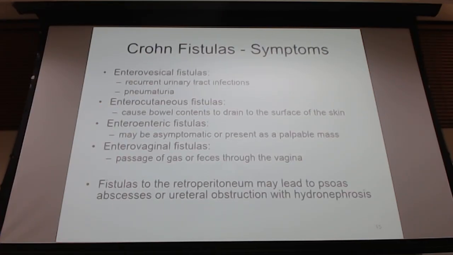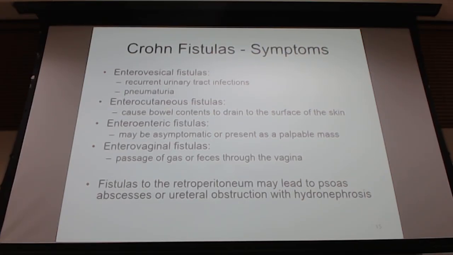So how do these present specifically? With an enterovesical fistula, we're going to see recurrent urinary tract infections. You can see pneumaturia. Anybody know what that is? Pneumaturia is gas or air bubbles in the urine. It doesn't necessarily mean it's a disease process occurring in the bladder, but it's a sign of an underlying condition, and that underlying condition is Crohn's.